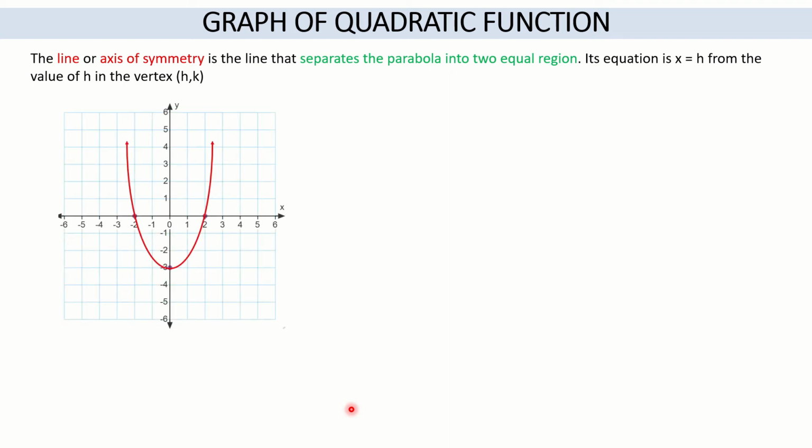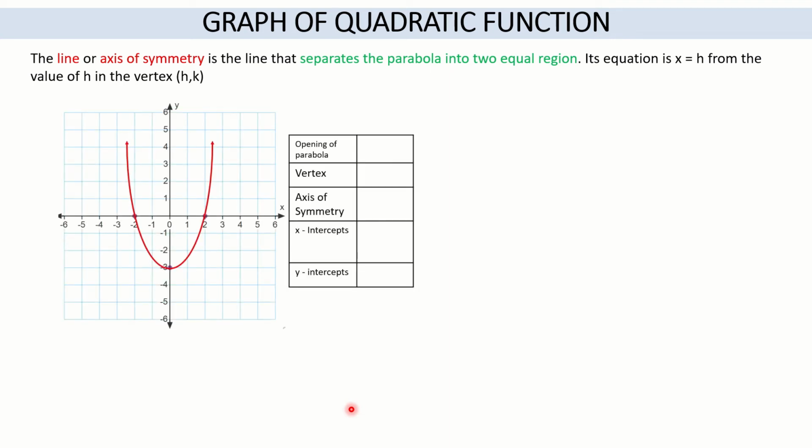From our previous example, we have a parabola that opens upward, and the vertex, the turning point of the parabola, is at (0, -3). The value of our axis of symmetry is x = h, and h here is equal to 0. That is why the axis of symmetry is x = 0.